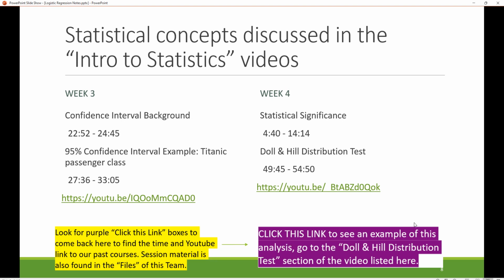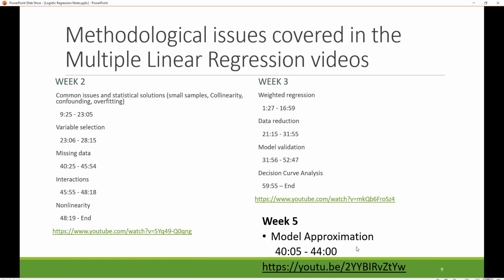So keep an eye out for these purple links if there's something you'd like to learn more about. We also have it from the multiple linear regression sessions for weeks 2, 3, and 5. We have these different topics covered at these different time points, and you have the YouTube links in each of these slides.